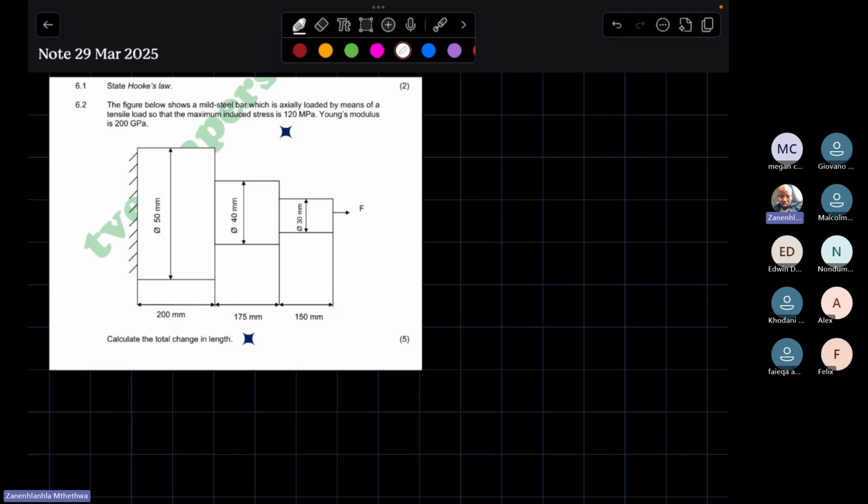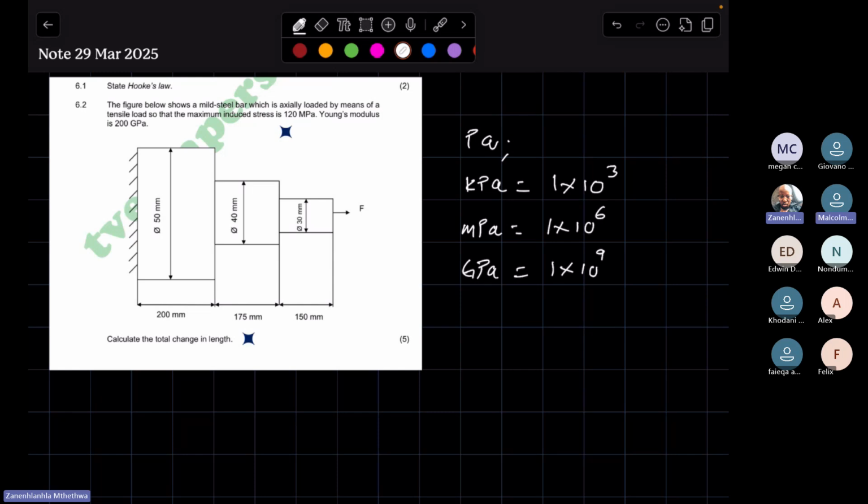Gigapascals, yes. So you get pascals, and that means we multiply by 10 to the 9? Yes, exactly. You get kilopascals, which is times 10 to the 3. You get megapascals, which is times 10 to the 6, and then you get gigapascals, which is times 10 to the 9.